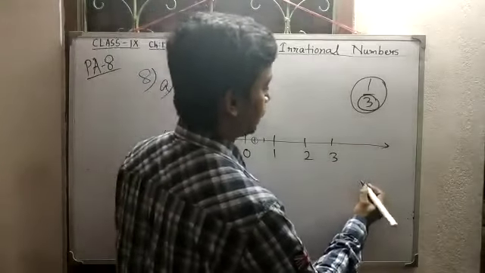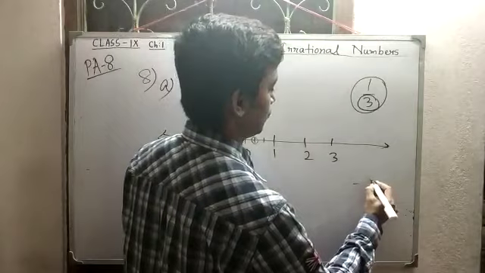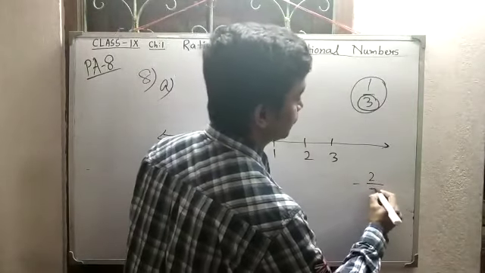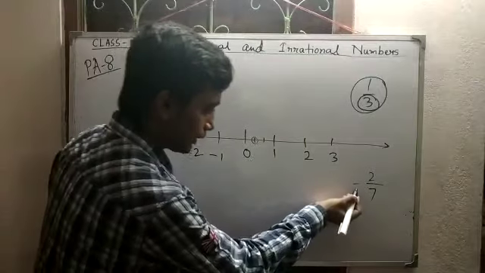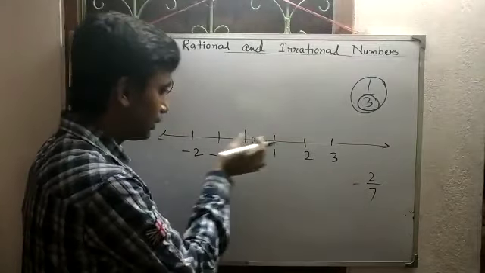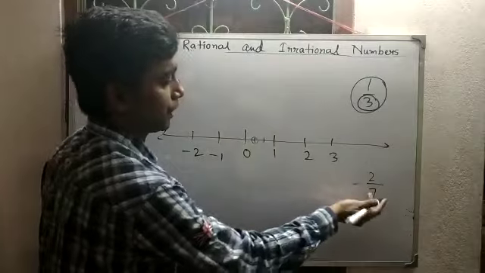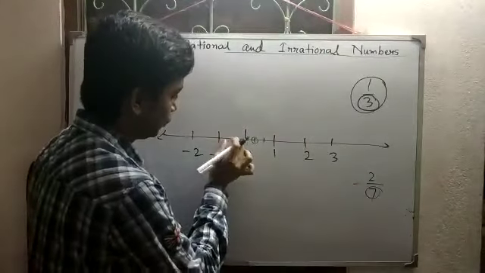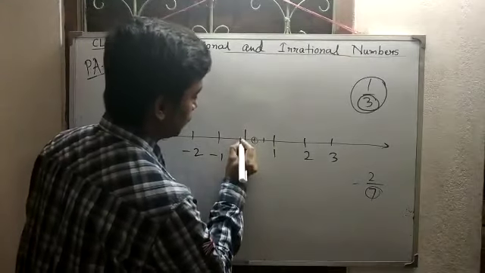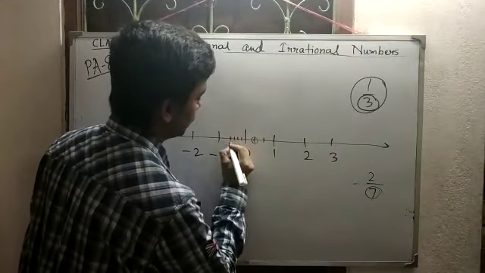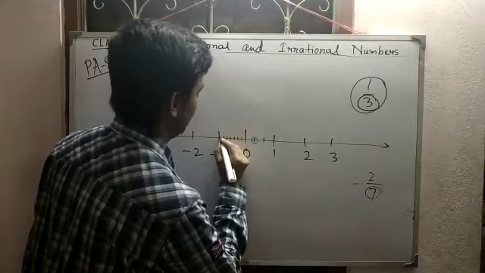Otherwise, suppose it is given minus 2 by 7. So how can you put it on the number line? This is a negative number, and it should lie in this interval. According to the denominator, we have to divide this range into 7 equal parts, like 1, 2, 3, 4, 5, 6, 7.